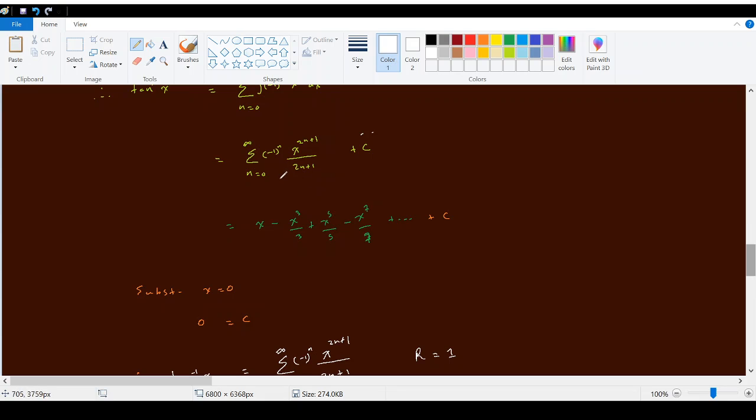Now you have to be a bit careful when you are substituting these values, especially for the first term of this series, okay? Because sometimes this series might not contain an x term in its first term in the expansion.